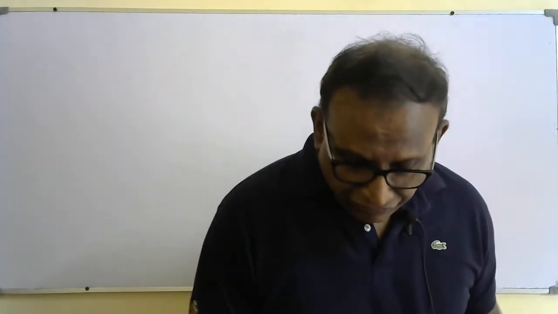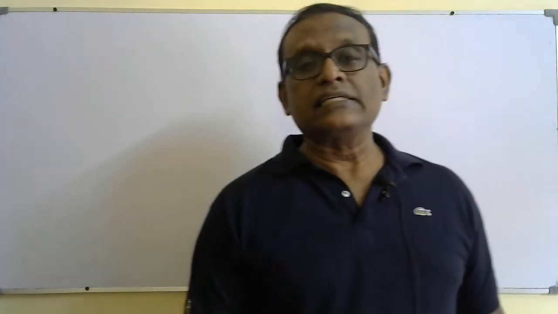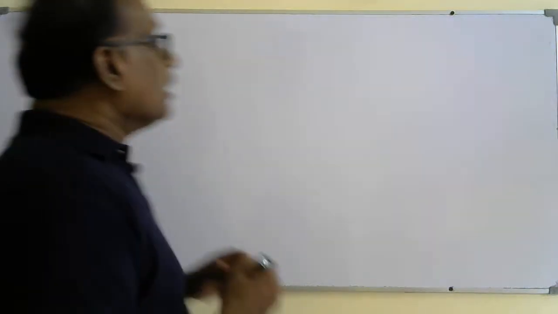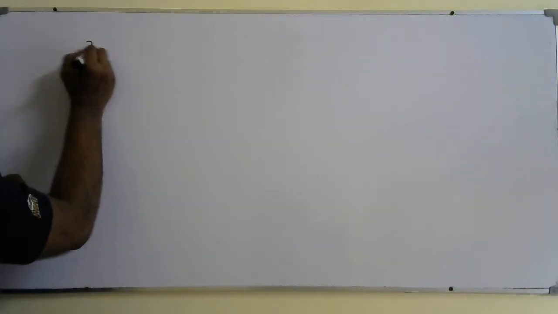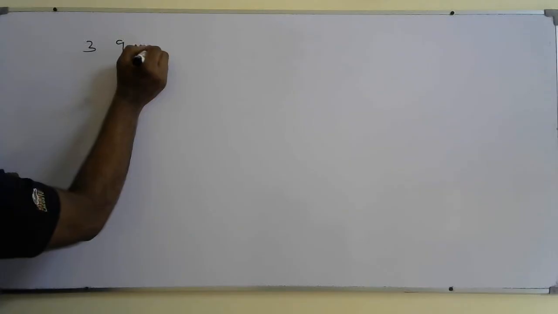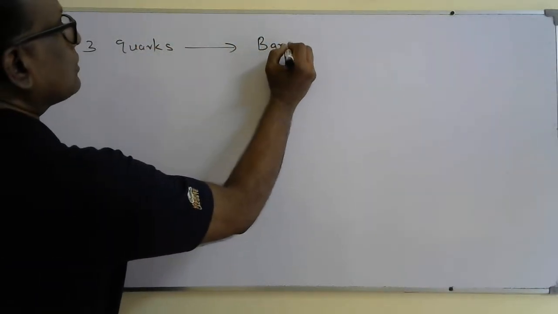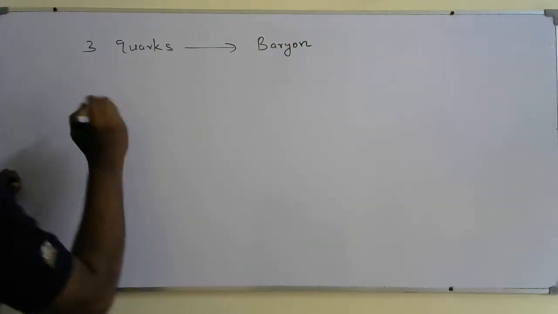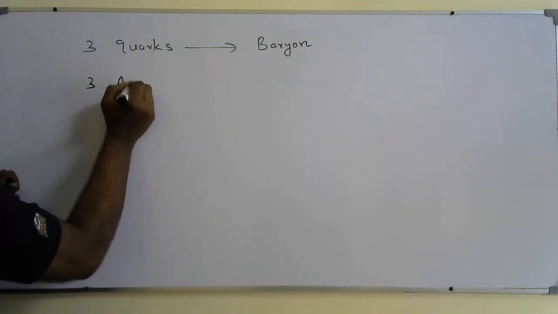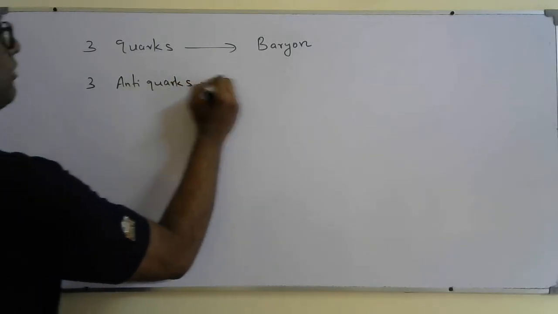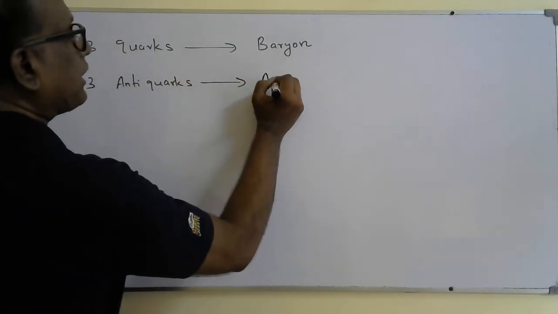Okay, so what are the different types of particles they form? Quarks can form, like, three quarks together. If they form, that is called a baryon. Three antiquarks, if they form, that is called an antibaryon.